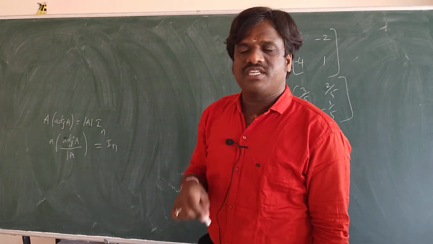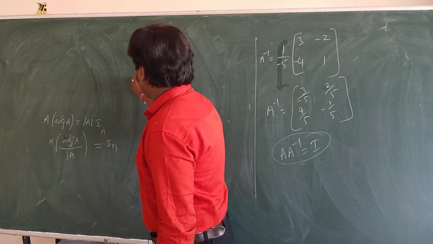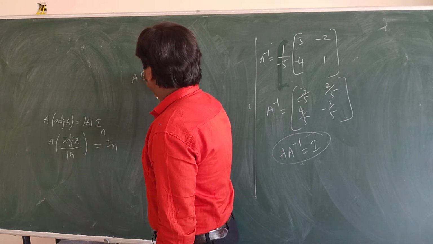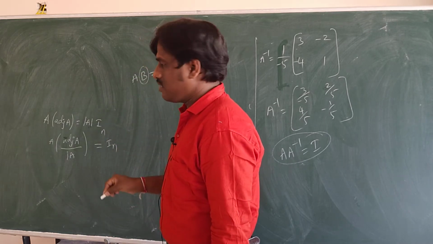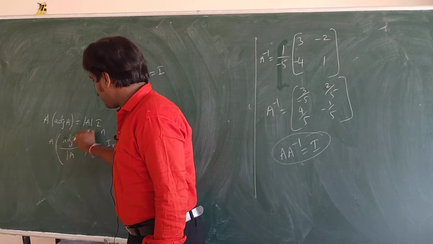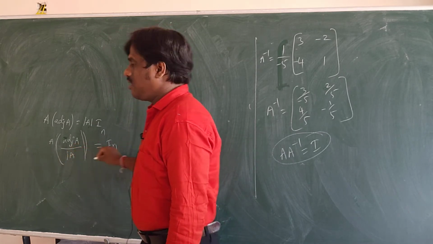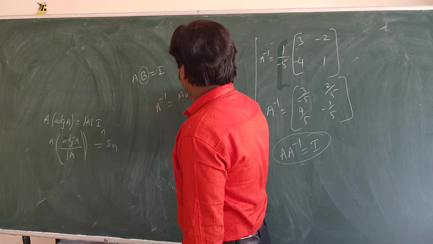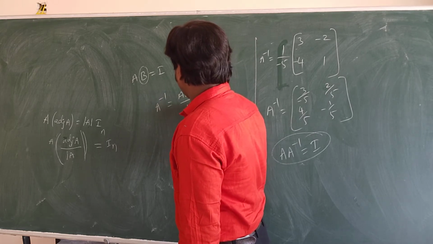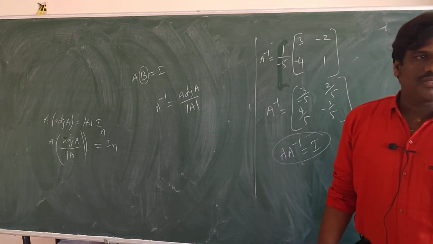What is the definition of inverse? A into some matrix is equal to I, then this is the inverse of A. So A into this matrix is equal to I, so this is the inverse. So the A inverse formula you are getting is adjoint A by determinant of A. That is the reason. Understood?